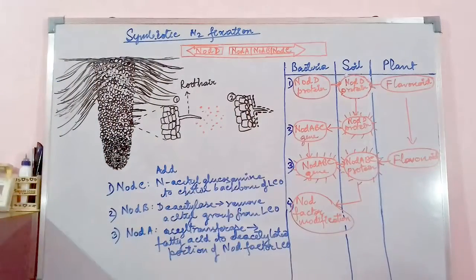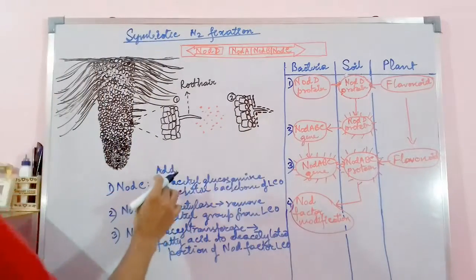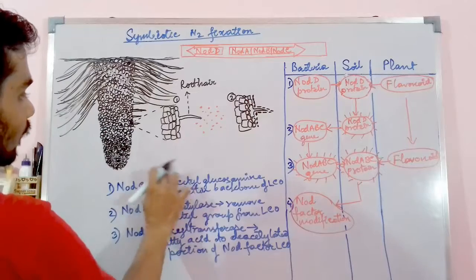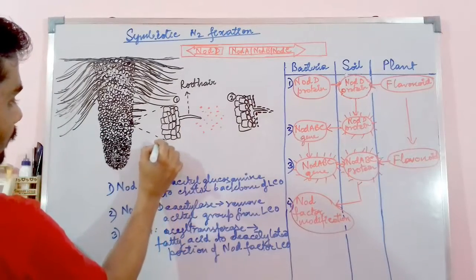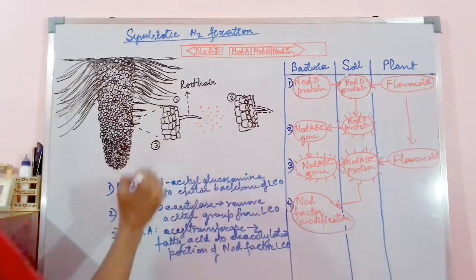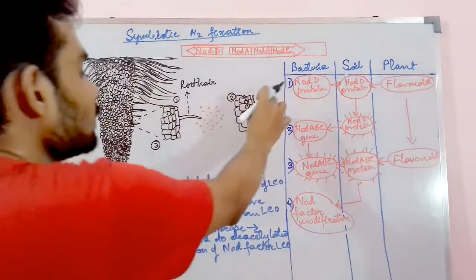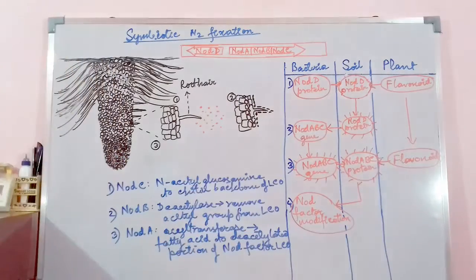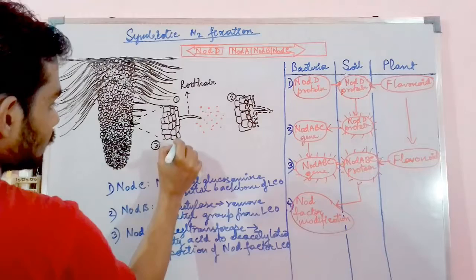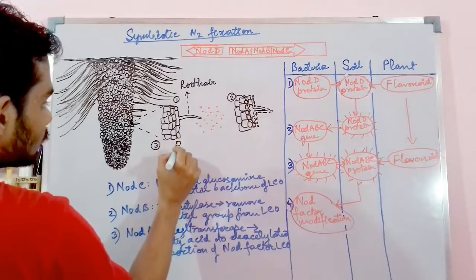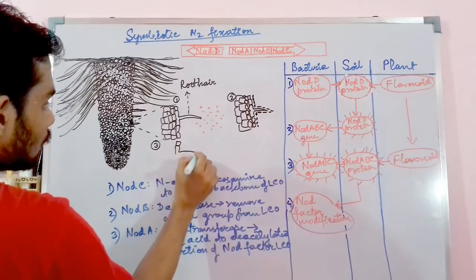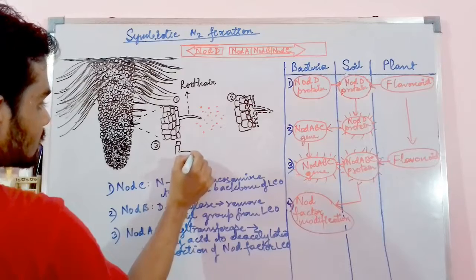Now as soon as the cell division starts, in the third step, what will happen? This cell division will help in coiling of the root hair. Like this, the root hairs will start coiling.